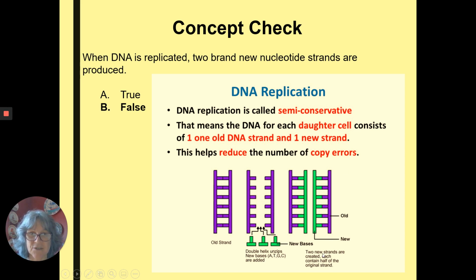Nothing changed on this strand, but it was used as a template or a mold to tell me what new bases to add. Complementary base pairing: if this is A, the only thing I can put here is a T. If this is C, the only thing I can put here is a G, so I know what nucleotides to put in, and I make a new complementary strand. So I have one new strand, one old: semi-conservative replication.